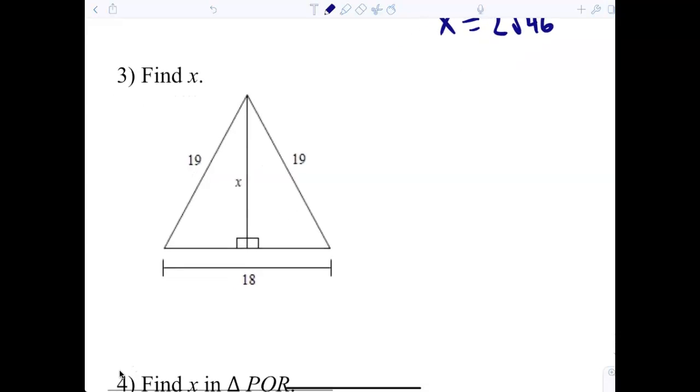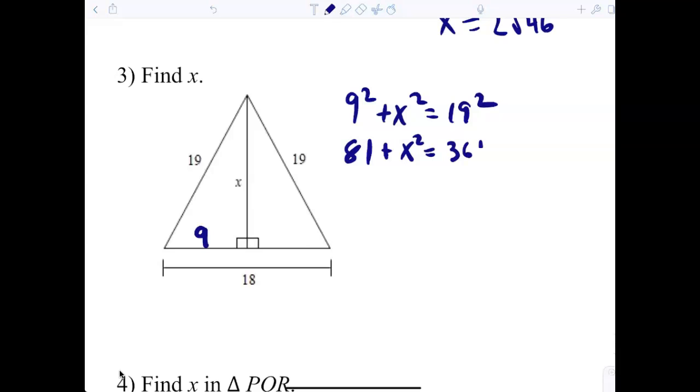Number 3. The thing you had to remember on number 3 was that it was an isosceles triangle. Because it's isosceles, when you draw the altitude, this is a 9. Everybody good with that? So now it's just 9 squared plus X squared equals 19 squared. 9 squared is 81 plus X squared, and 19 squared is 361.